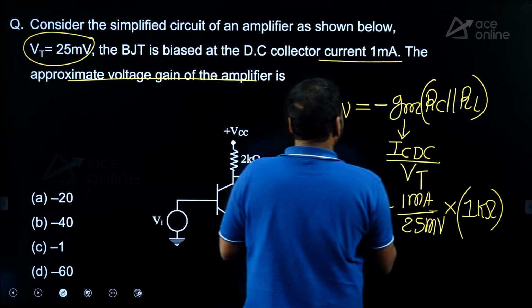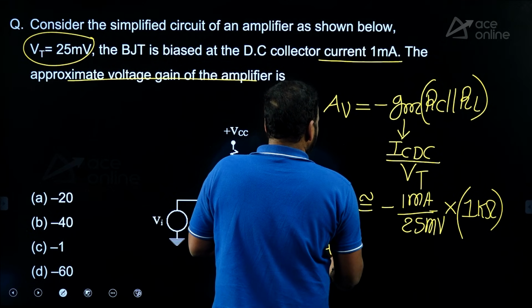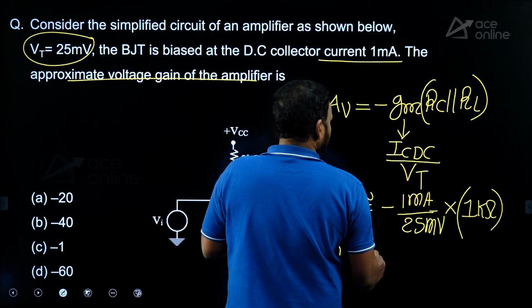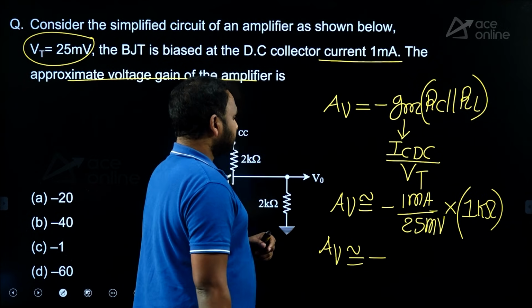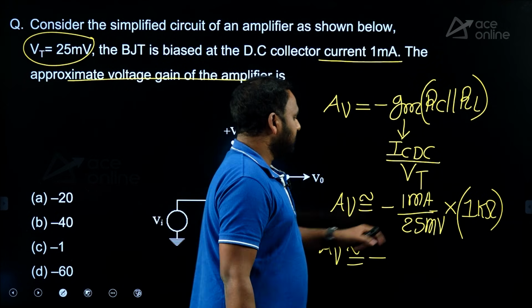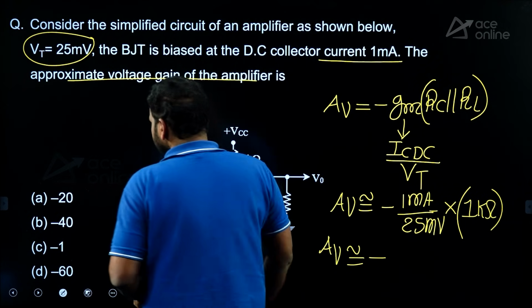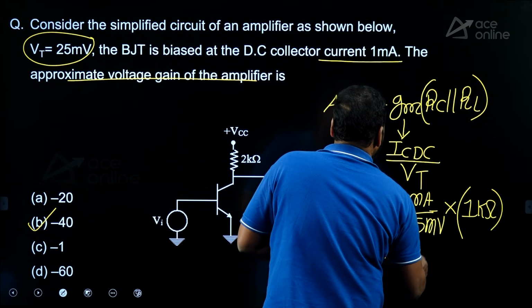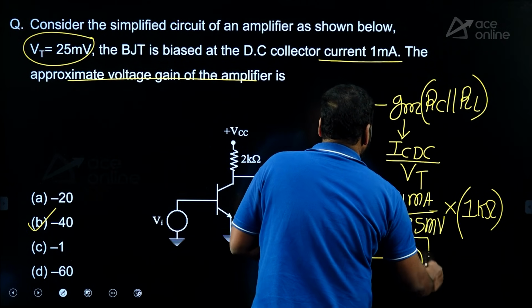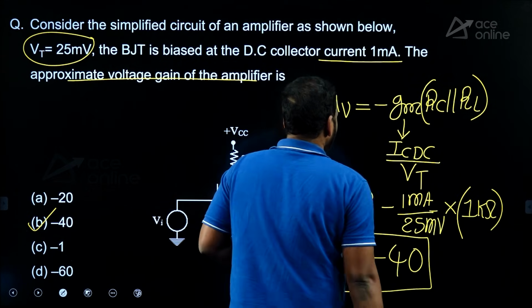Then you will get the approximate gain. AV is approximately equal to minus 1000 by simply 25. You can directly select minus 40.